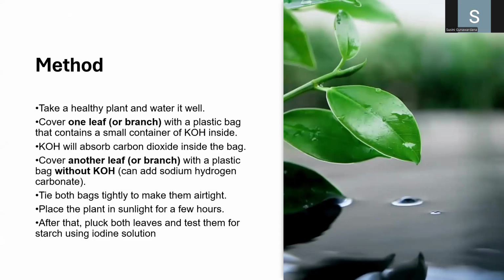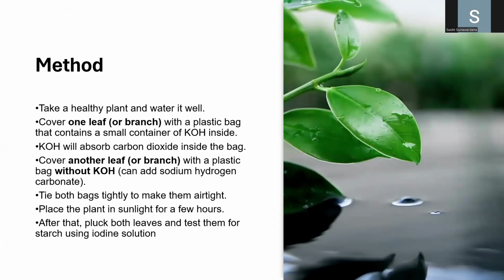After placing the potassium hydroxide and the sodium hydrogen carbonate solutions, we tie up both the bags. Then we keep these two plants in the sunlight for a few hours.